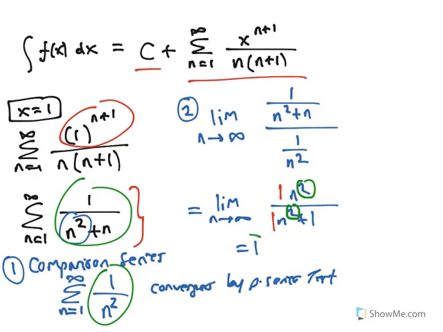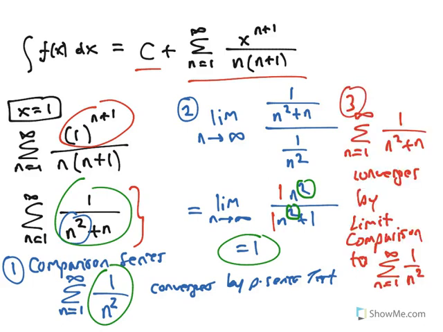And because the limit here is a positive number, the limit comparison test tells us that our series that we're considering must converge because its comparison series converges. And I just wrote my conclusion on the right side of the screen in red. But what that tells us is that the interval of convergence will include the endpoint x is equal to 1.